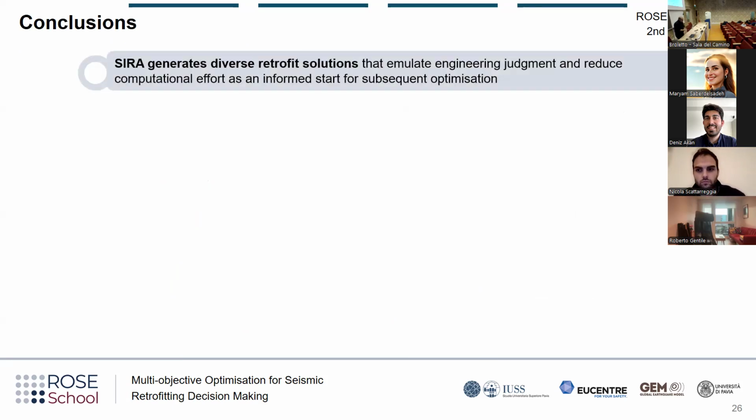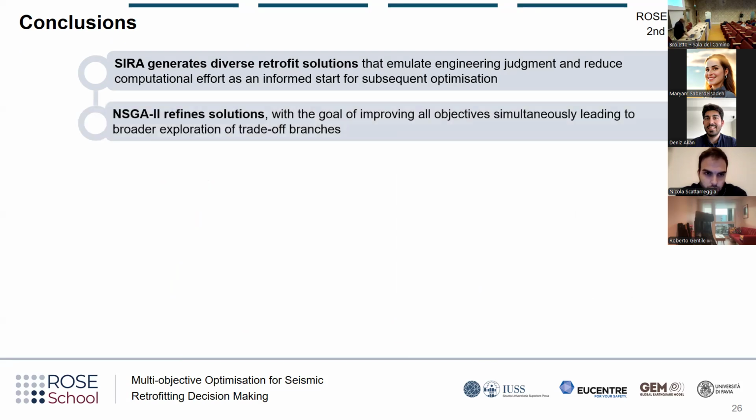What we have seen: Sierra generates different retrofitting solutions, evaluates the engineering judgment, and reduces the computational burden. And NSGA2 refines the solutions, with broader exploration of the Pareto front.